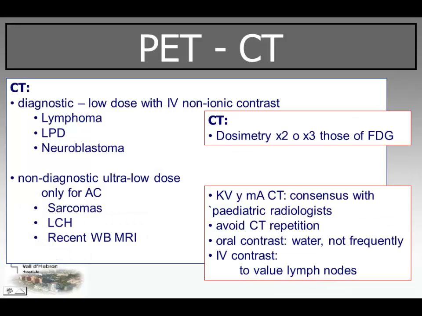We have to avoid CT repetition, and we can administer oral contrast under the pediatric radiology criteria, and the intravenous contrast has to be administered in all the cases in which we want to evaluate the lymph nodes.